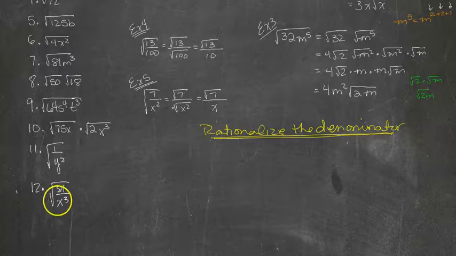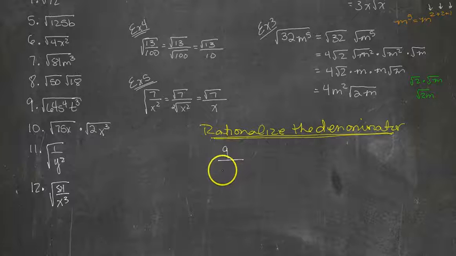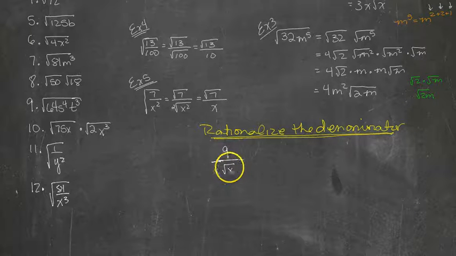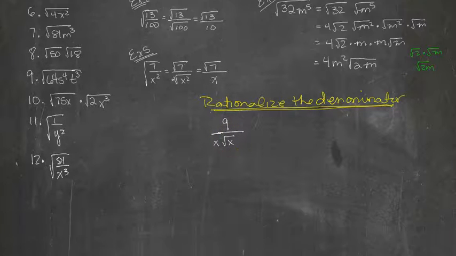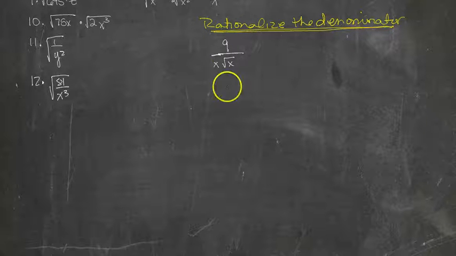So when you finished this problem, you should have ended up with 9 in the numerator over root x times x. And the problem with this is that it is pretty much considered bad to keep that radical in the denominator of a radical number.